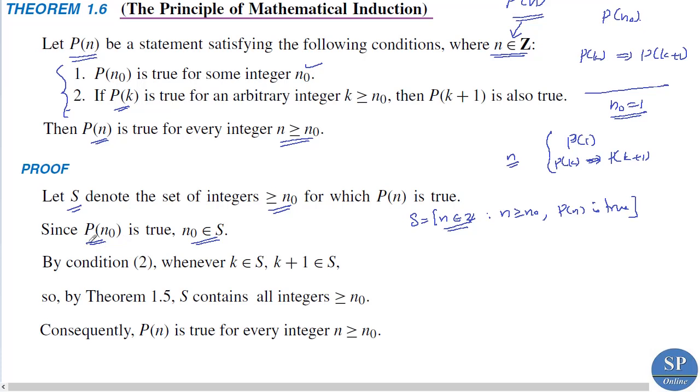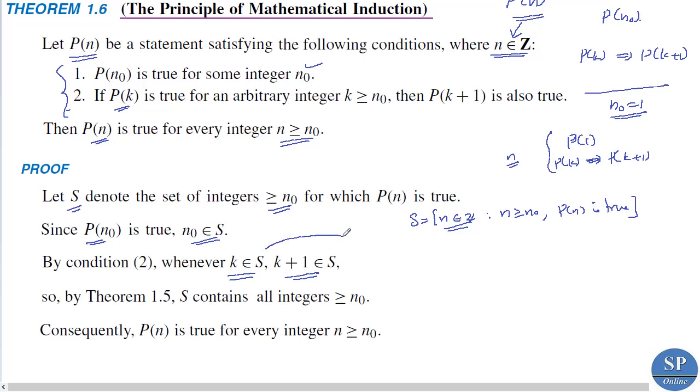Since P of n naught is true, we have n naught belongs to S, and by condition 2, if P of k is true, then P of k plus 1 is also true. So when k belongs to S, we have k belongs to Z such that k is greater than or equal to n naught and P of k is true.